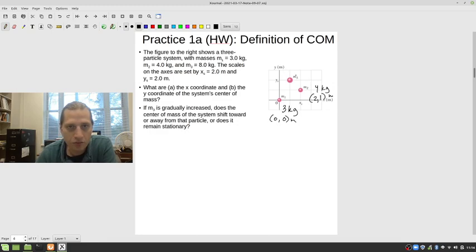And then mass 3 has 8 kilograms, and it is 1 over in the x direction, and 2 meters up in the y direction.